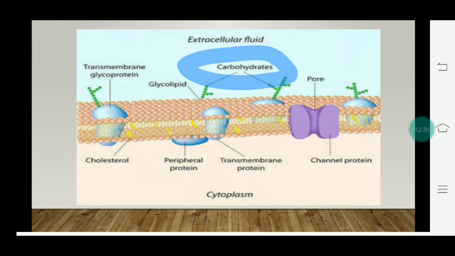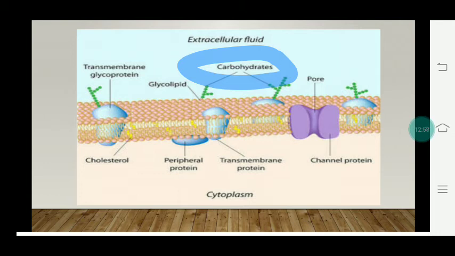All plasma membranes, regardless of source, contain protein as well as lipid. The ratio of protein to lipid varies enormously depending on cell type.